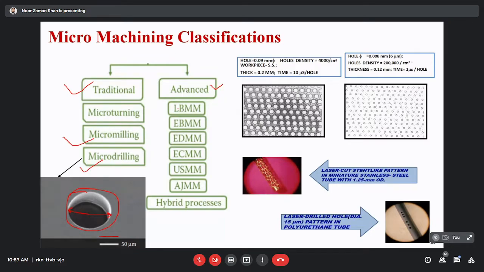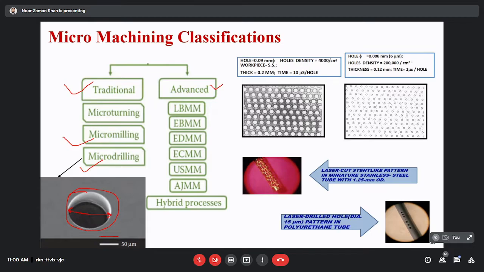Because of the development of new materials that are difficult to machine and the stringent requirements of parts used in high-tech industries, many advanced micro machining processes have come into existence. New materials are being developed with very high hardness and various other properties which are desirable for manufacturing industries.